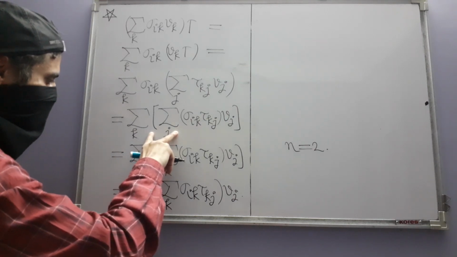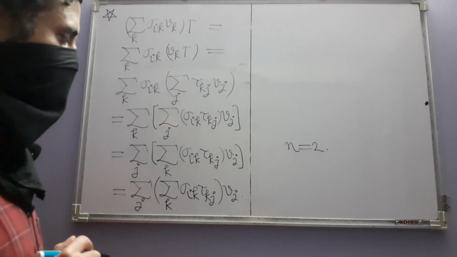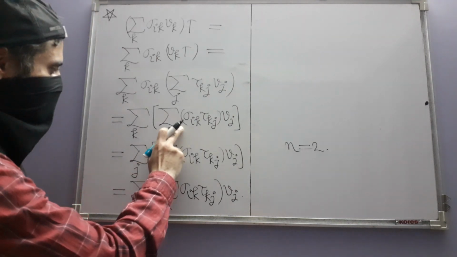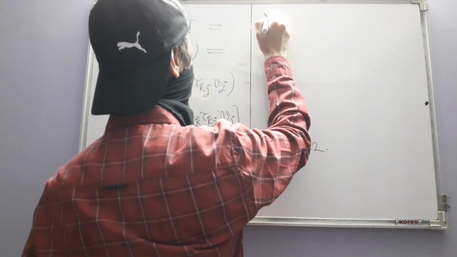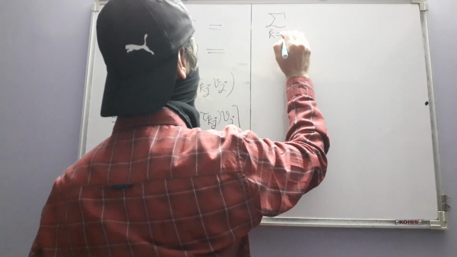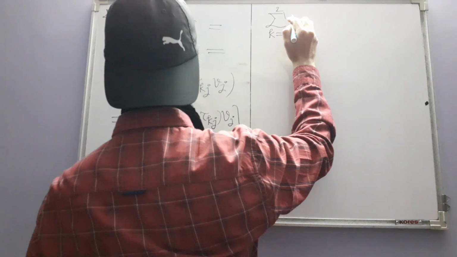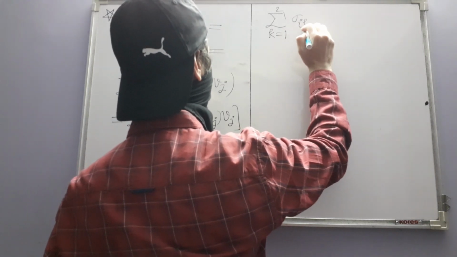It's because after this we have switched the two sums. But you may be wondering if that is really possible or not. So let us start with this. And let us this time actually write what all the things are. So we have sigma i_k.